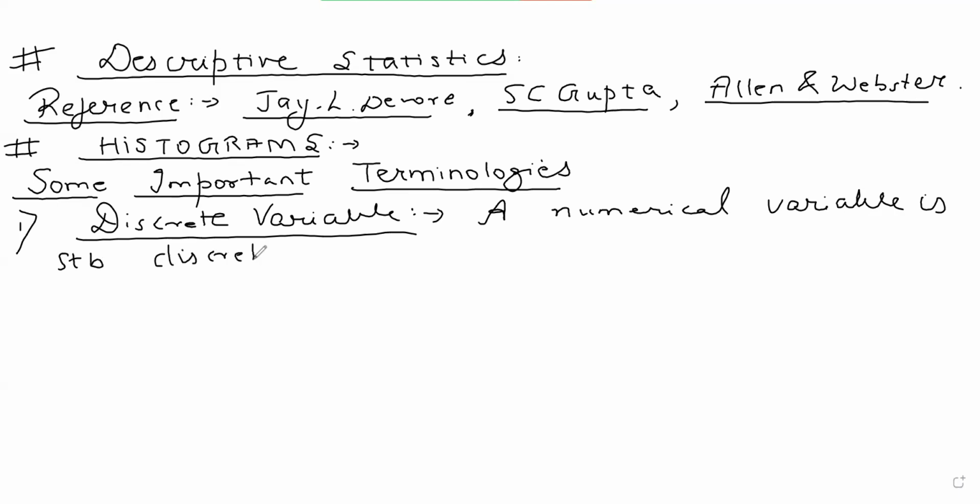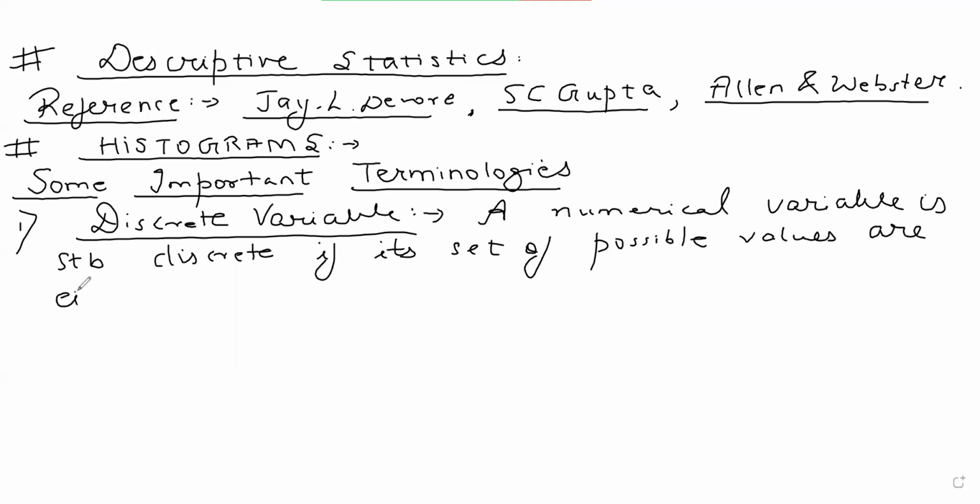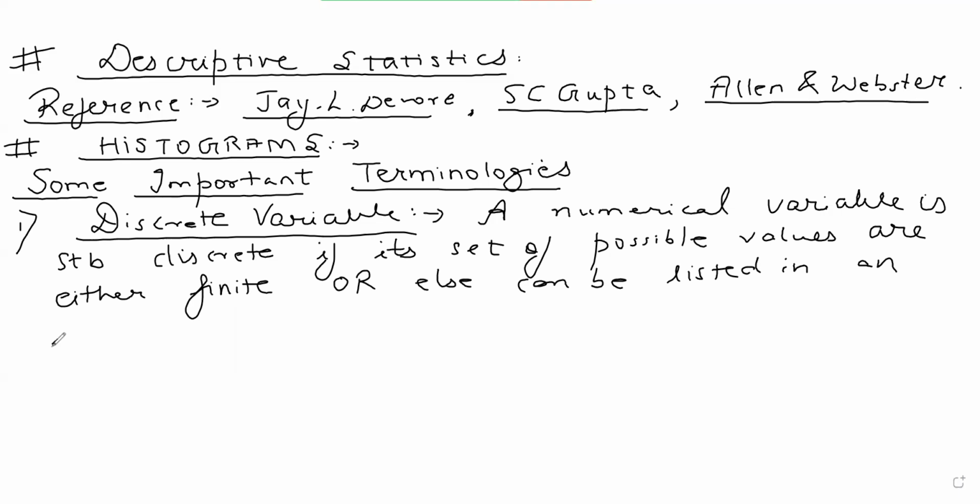STB means said to be. A numerical variable is said to be discrete if its set of possible values are either finite or else can be listed in an infinite sequence.